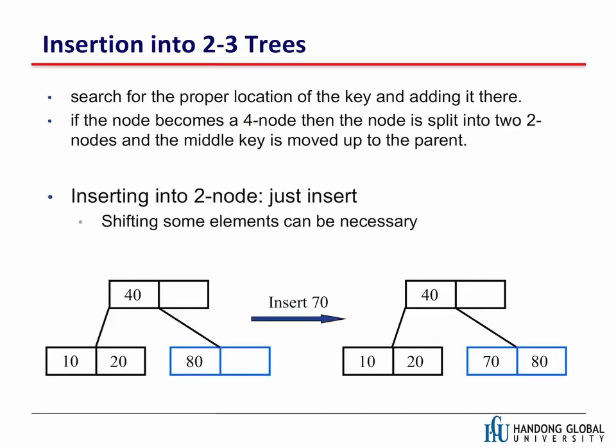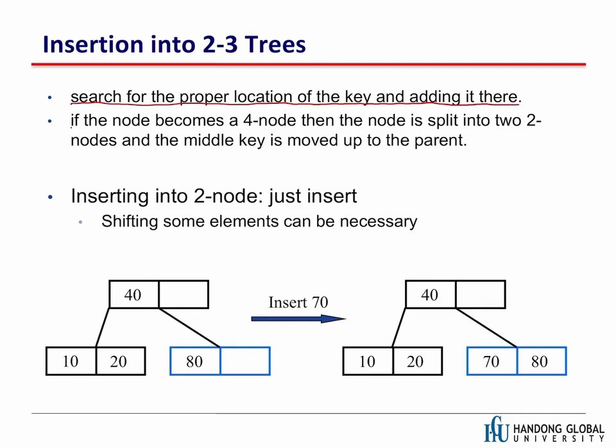Now let's try to insert a new node into 2-3 trees, and sometimes we have to restructure the tree. First, search for the proper location of the key and add it there.